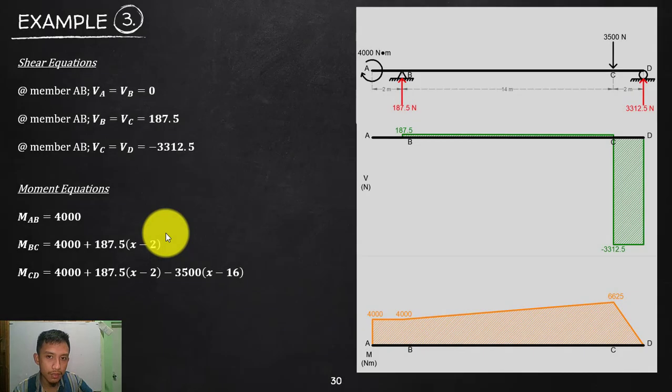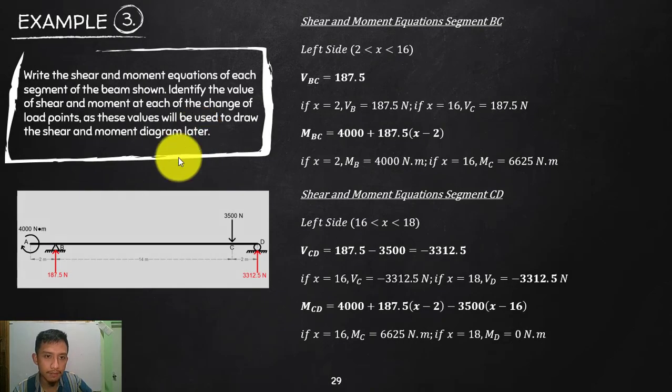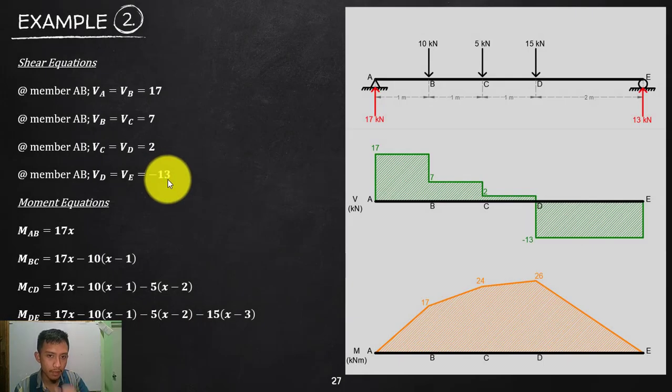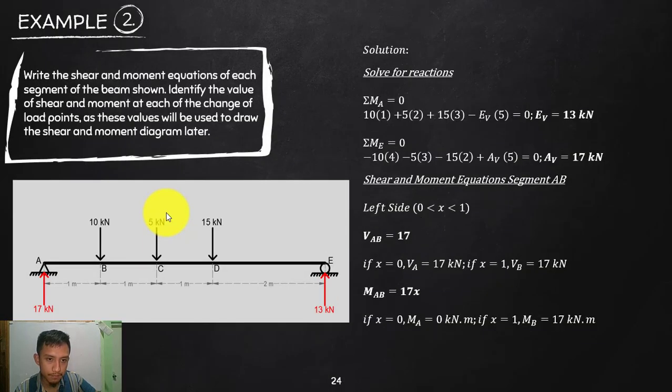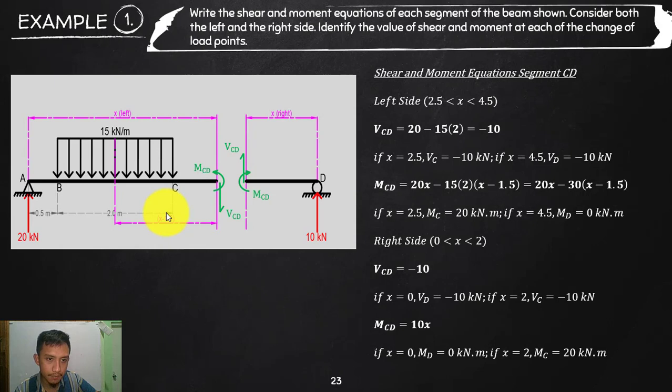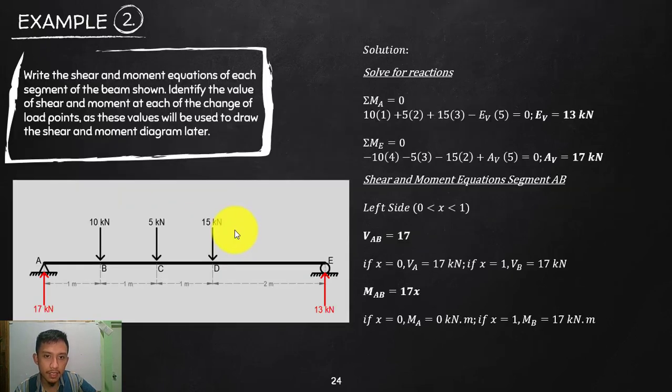A while ago, in your UDL, in this example, the value is length times width because that is rectangular or uniform. But in your triangle, the area is 1/2 of length times the value.